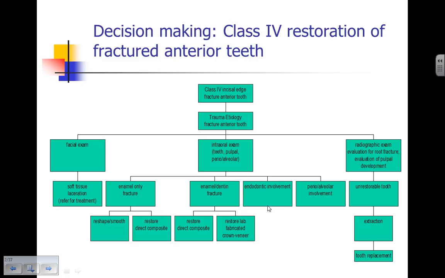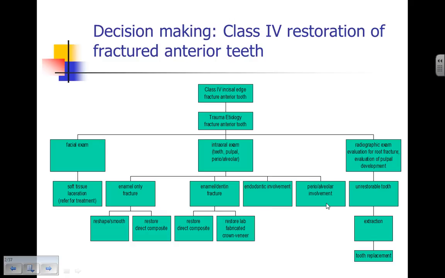But also in our case-based seminars, we're going to look at circumstances where teeth have been fractured and we need to take into consideration our facial exam, our periodontal exam, our pulpal exam, as well as our hard tissue tooth exam. We'll need to look at tooth alignments and occlusion as it relates to how we're going to proceed.